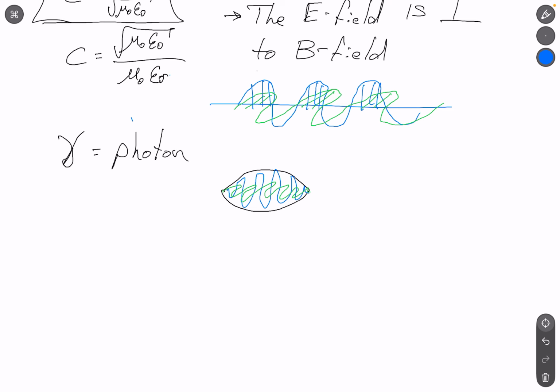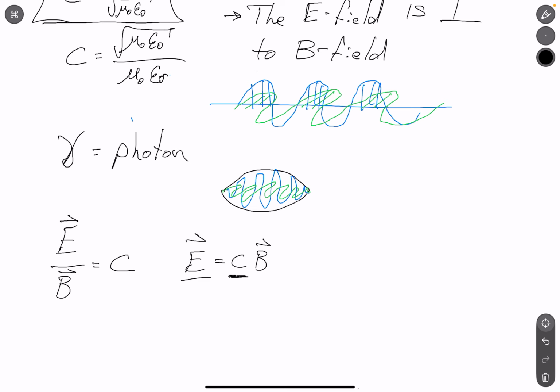We can do it again because a very, very important equation is E, the E field divided by the B field, is equal to C. That means that the E field has to be much larger than the B field, because the B field needs this huge number multiplied to it to equal the C. And we know that C is equal to 3 times 10 to the 8 meters per second.